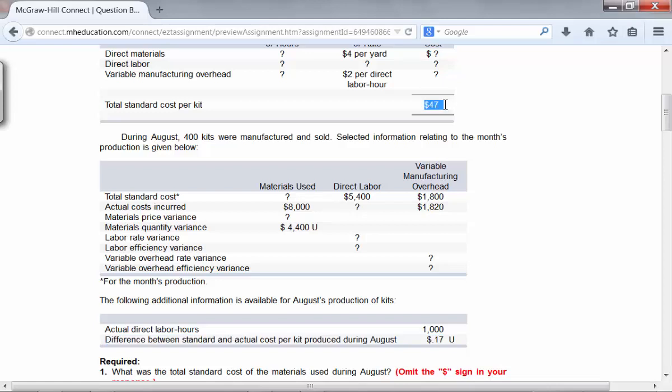Here's the standard cost per kit, what it should cost us to make one kit. What did it actually cost us to make one kit? Well, it cost us this for materials, plus this for labor, plus this for overhead, divided by 400. That's what it actually costs us per kit. That number needs to be 0.17 bigger than this number, because it's unfavorable. We actually spent 17 cents more than we should have.